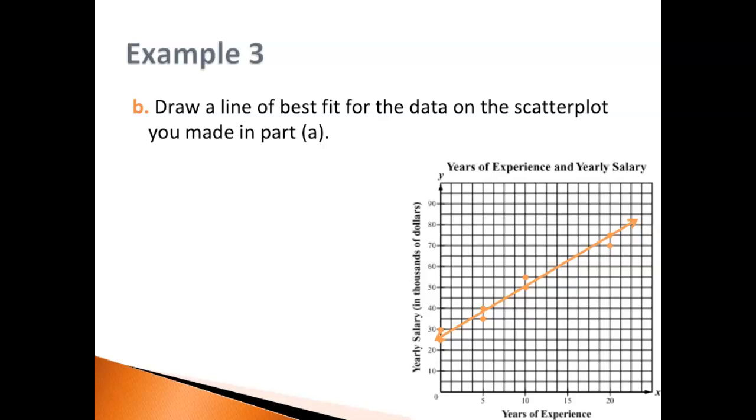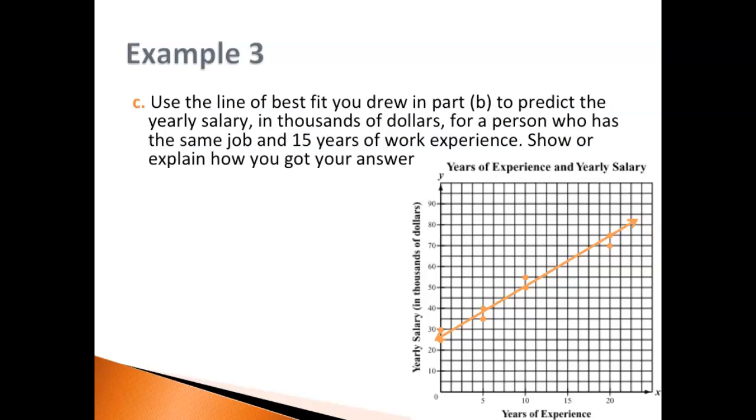All right, part C. Use the line of best fit you drew in part B to predict the yearly salary in thousands of dollars for a person who has the same job and 15 years of work experience. Show or explain how you got your answer.